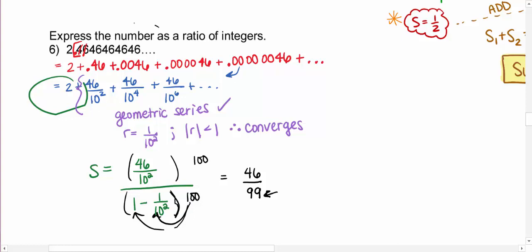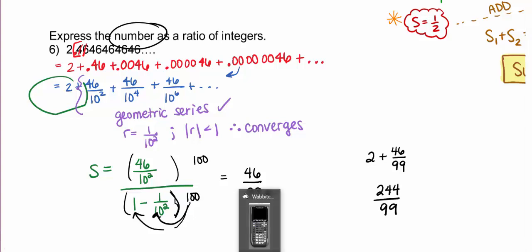So my overall number that I'm trying to write here is 2 and 46/99. And if I write that as a ratio of integers like it wants me to, 2 times 99 is 198. So 198 plus 46 would be 244 over 99.